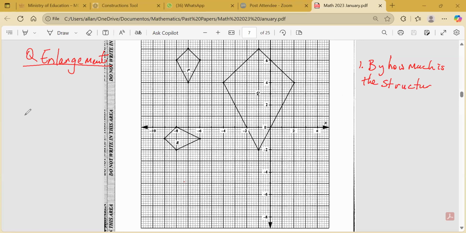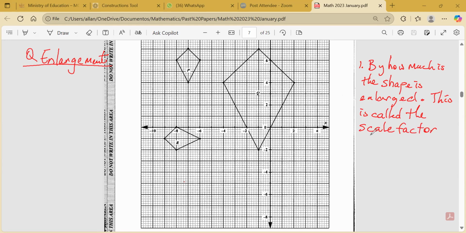This is called the scale factor. By how much is the shape enlarged?